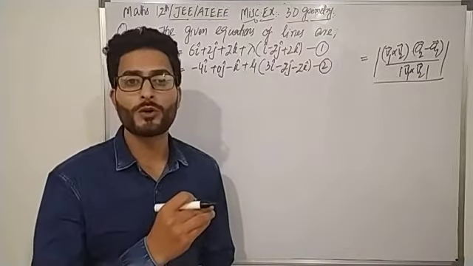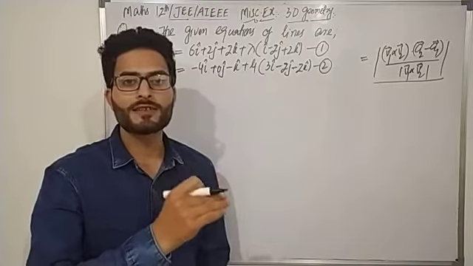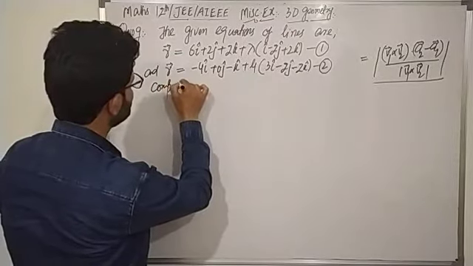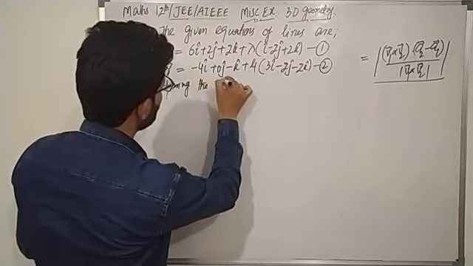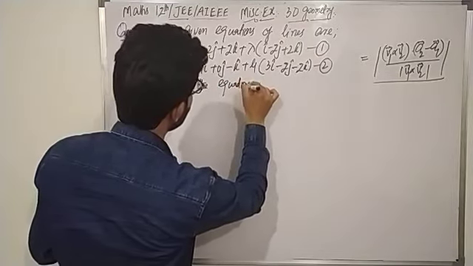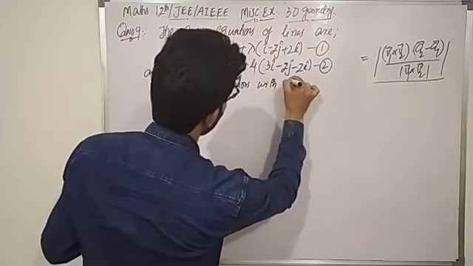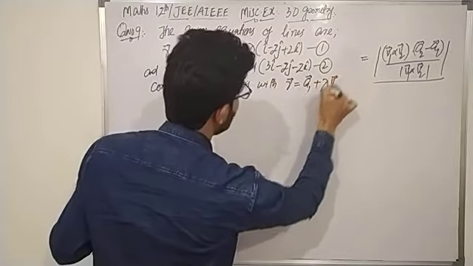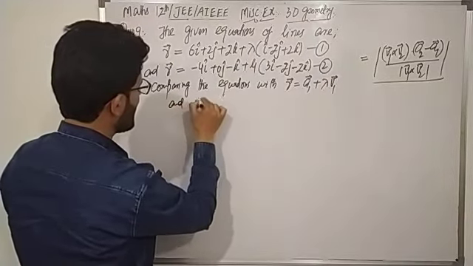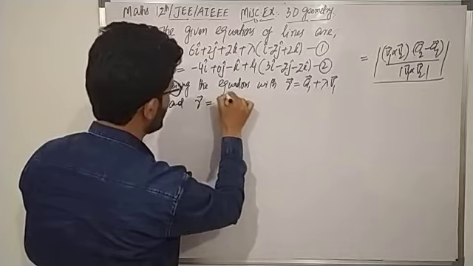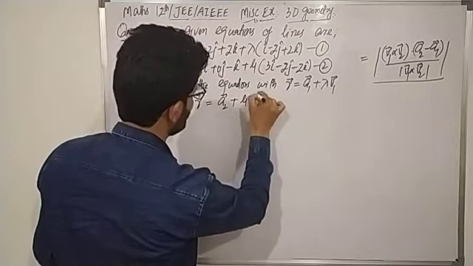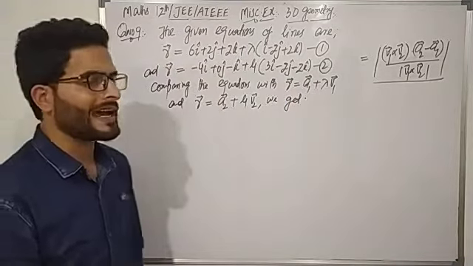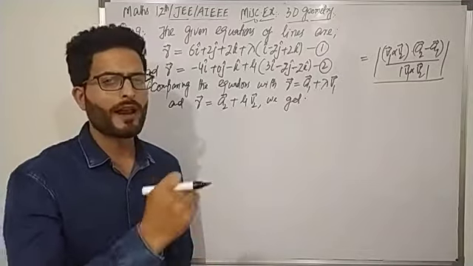Comparing with r vector equals a1 vector plus lambda times v1 vector, and r vector equals a2 vector plus mu times v2 vector, we get the values, because they are the equations of lines passing through a point and parallel to a given vector.